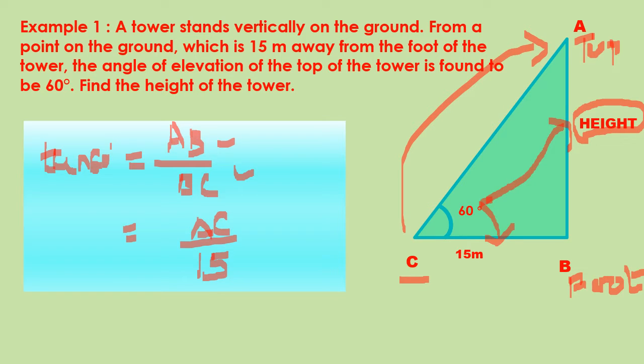And we know what tan 60 is. It is root 3. So remember that tan 60 is root 3. Therefore, AB is equal to 15 root 3. Just by multiplying 15 and root 3, we get the height of the tower.